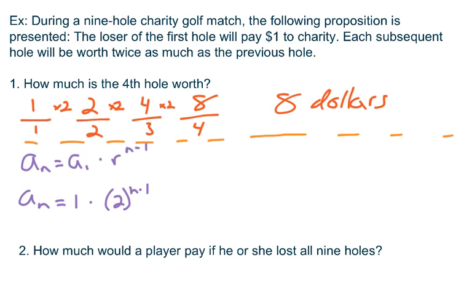We're looking for the 4th hole, which is the 4th term in our series or our sequence. So we can say a sub 4 is equal to 1 times 2 to the 4 minus 1 power, which is really 3. So 1 times 2 to the third. 2 to the third is 8, so a sub 4, the 4th term in our series or our sequence, is 8.